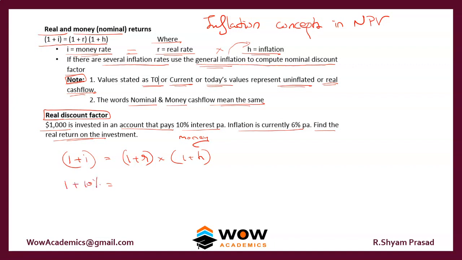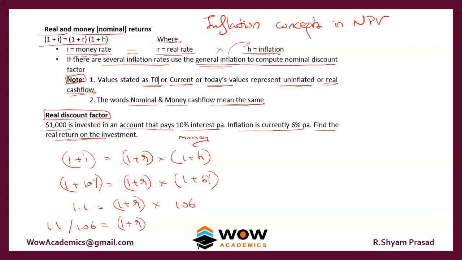So 1 plus 10%, equals 1 plus R, which we have to find out, into 1 plus H. H refers to the inflation rate. So we'll take the 1.06 to the other side and find the answer.